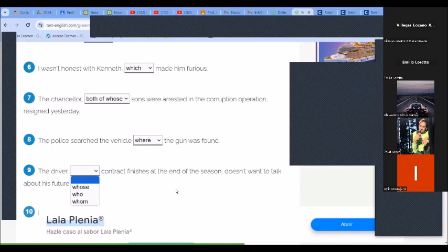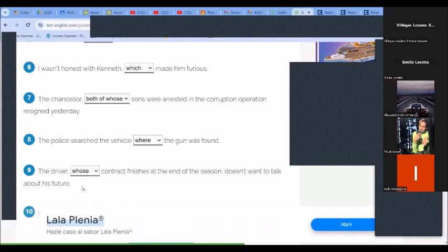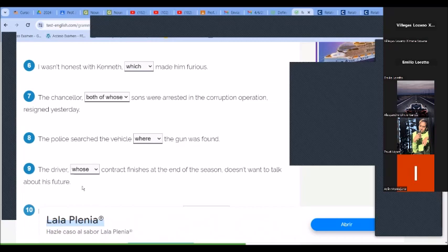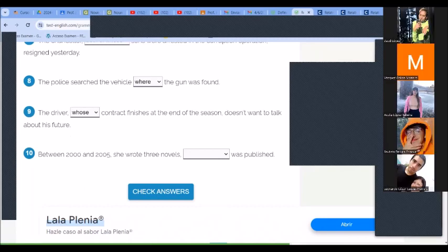All right. The additional information, is it about him or is it about the contract? It's about his contract, the contract belonging to him. All right. So we would use the possessive one. The driver whose contract finishes. Repeat. The driver whose contract finishes at the end of the season doesn't want to talk about his future.